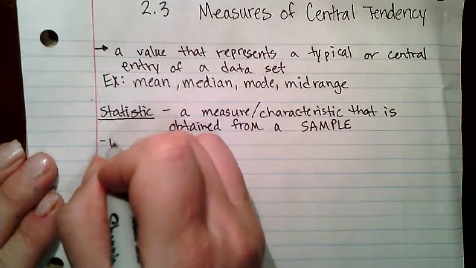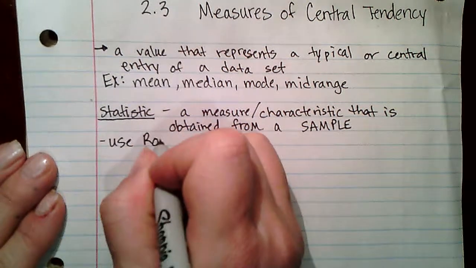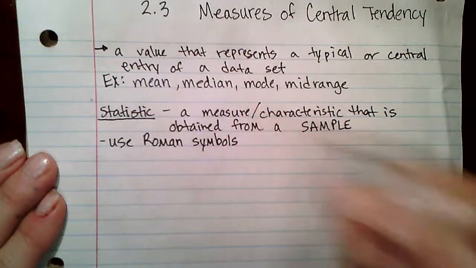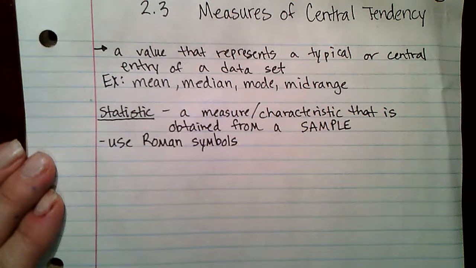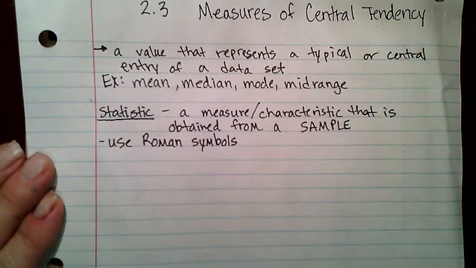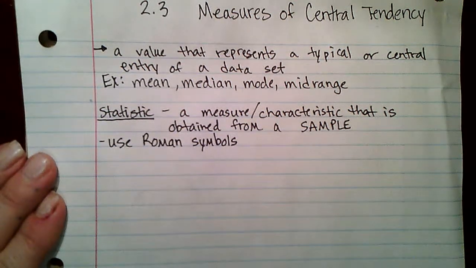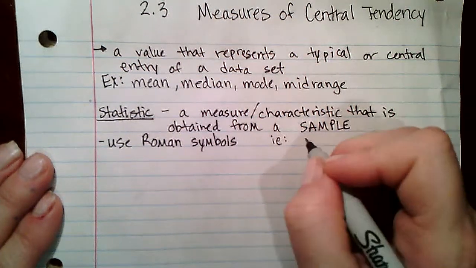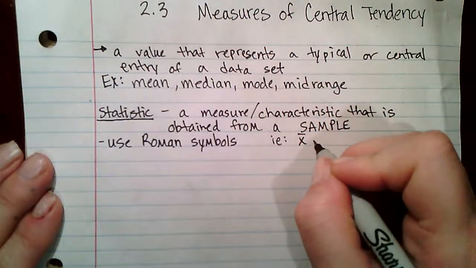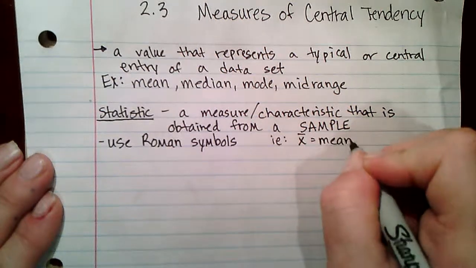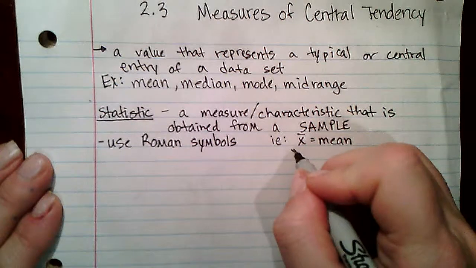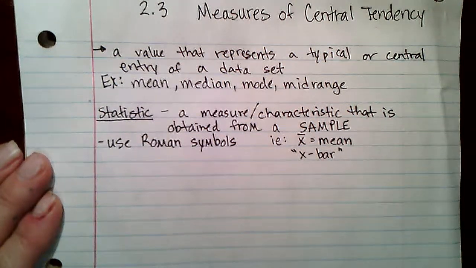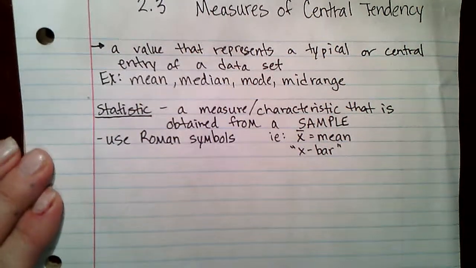Statistics are going to use Roman symbols. Roman symbols are the letters that we're used to using, but they also have other accents that go along with them. So, for example, with a statistic, this symbol right here is what we use for the mean, and it is read as X bar. So it's an X with a bar over it, and that stands for a sample mean.